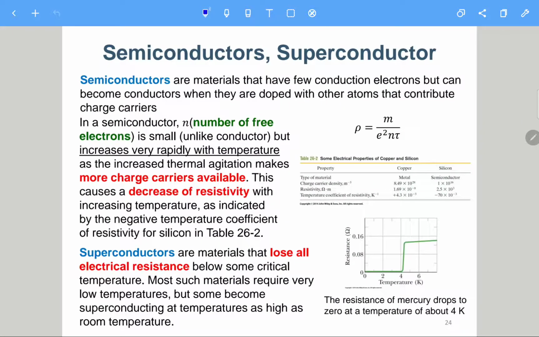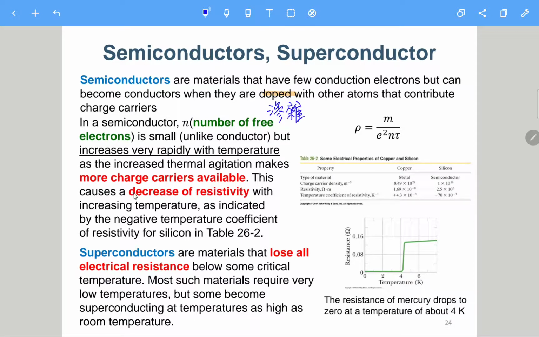So in this case, we call it doped or doping. In Chinese called 掺杂, which means to add some 3A or 5A element to the pure silicon to make the conductivity significantly increase. So after doping the semiconductor, with other atoms that contribute charge carriers, in semiconductor N is small but increases very rapidly with temperature.